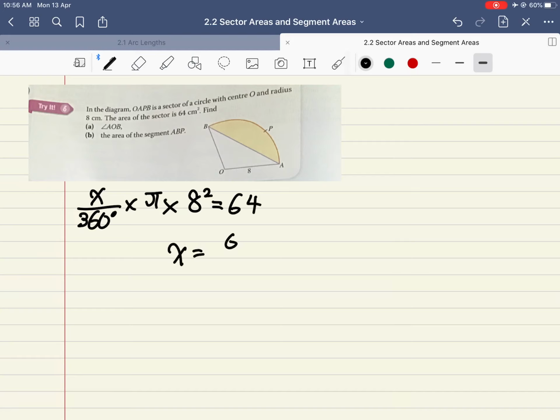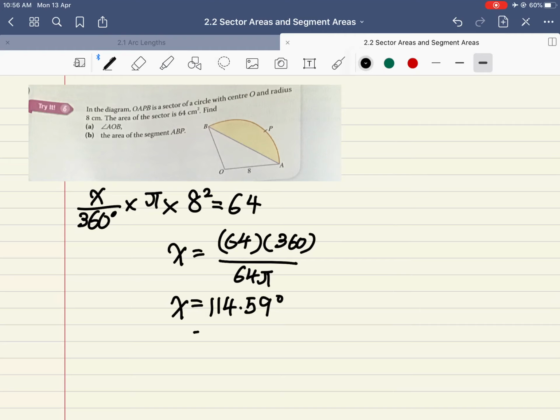If I work all that out, x equals 64 times 360 divided by 64 pi. So I will work out to find that x is 114.59 degrees, correct to one decimal place for angles. x is 114.6 degrees. This is angle AOB.